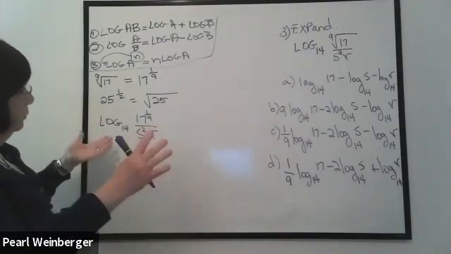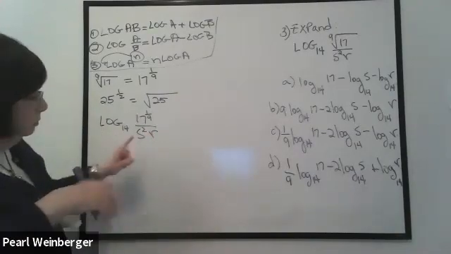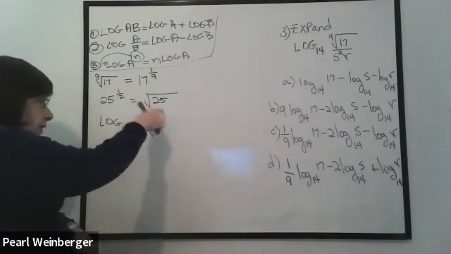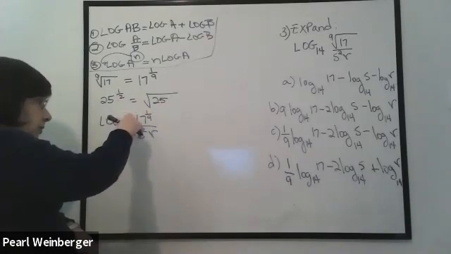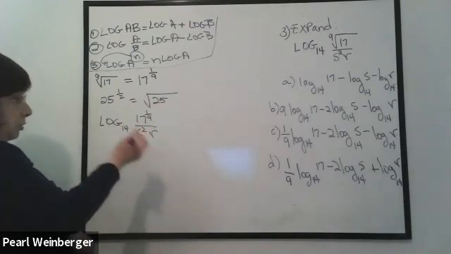If there is division, I'm going to change it to subtraction of logs. And basically what I'm doing is dividing the 17 to the 1/9 by s squared r.